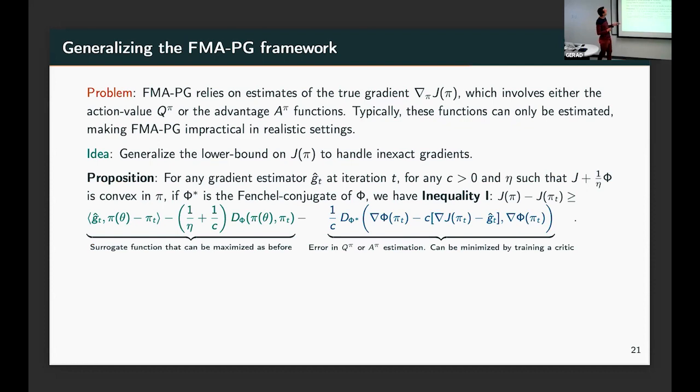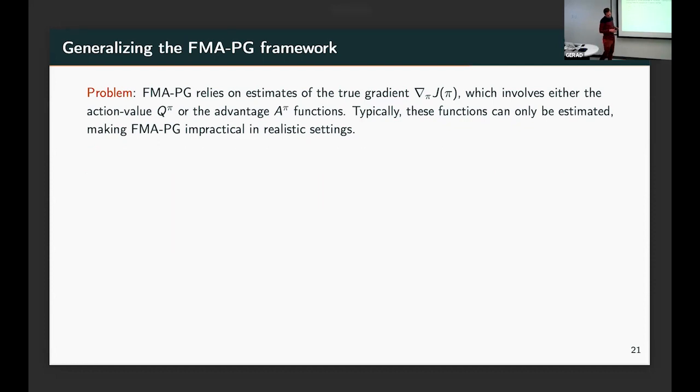I love it. So the problem with our framework is that when we build the surrogate, we assume we have access to the true gradients of the loss with respect to the function. And in practice, you don't have access to the true gradient. You either have access to a stochastic estimate of the true gradient, or, in the case of RL, sometimes people use a critic, so we only have access to a model of the true gradient.